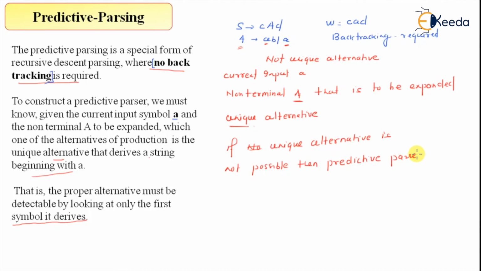So backtracking was involved, and we want to avoid it. The key term here is the unique alternative, and this is the key term over here, that we are looking for a unique alternative.